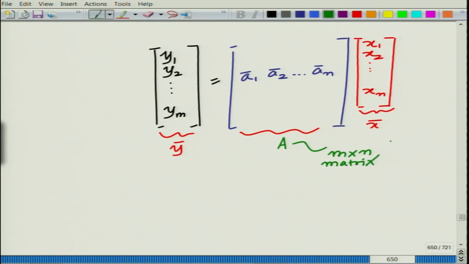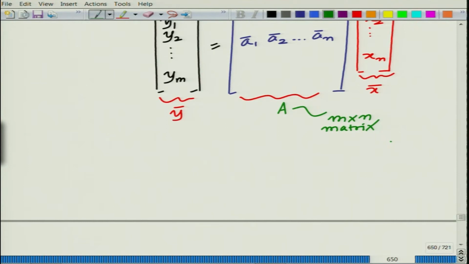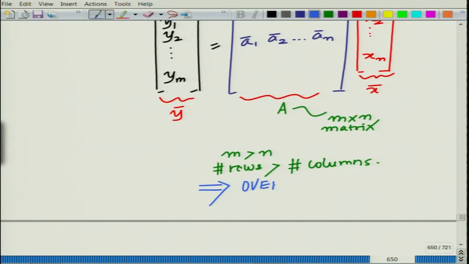This is your m cross n matrix, and for the least squares problem we have m greater than n, that is, the number of rows is greater than the number of columns. This implies this is an over determined system of equations.